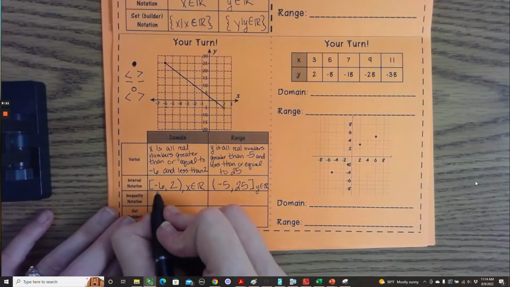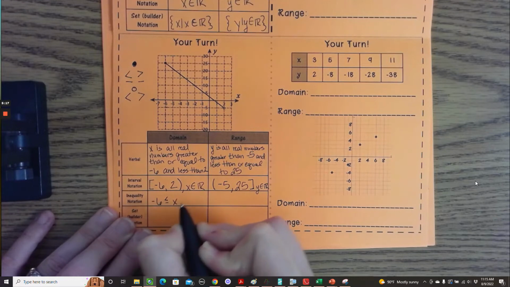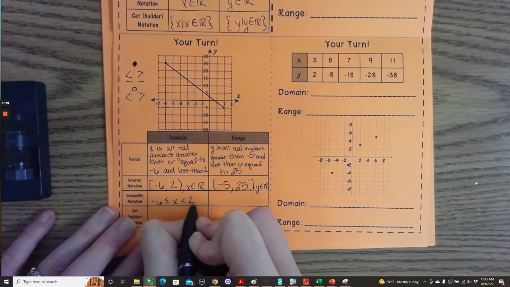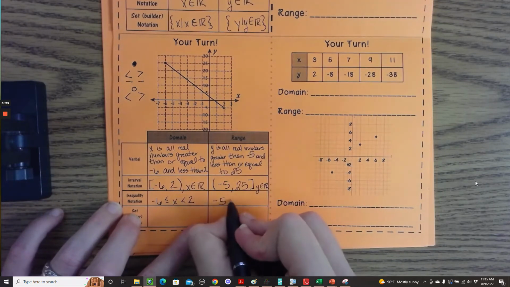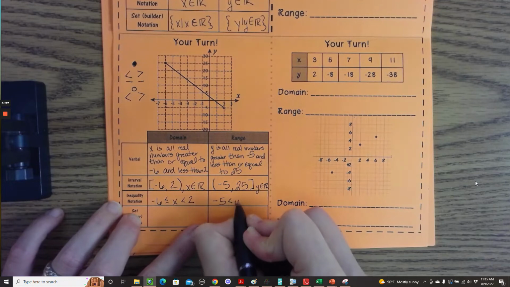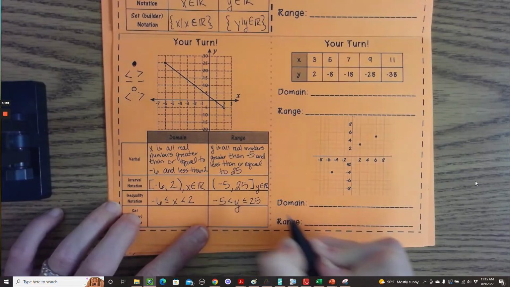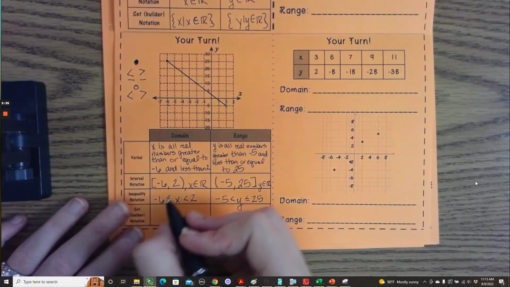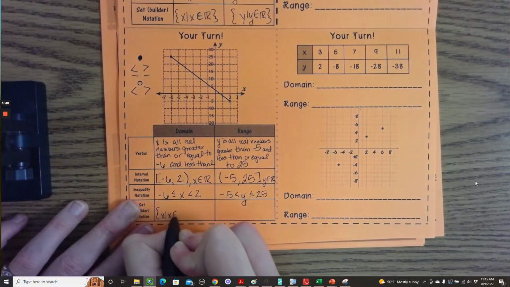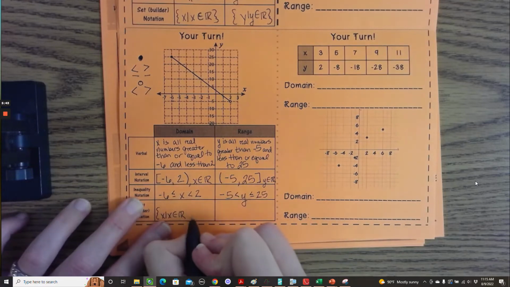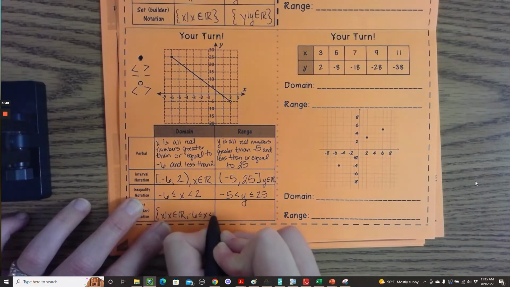Inequality notation, -6 and 2, so we could just write -6 is less than or equal to x, which is less than 2. For this one, we're starting at -5. Parentheses, open circle, so just a less than sign. Make sure you change it to a y though, because we are talking about the range. And it's less than or equal to 25. And then in set notation, -6 x 2.